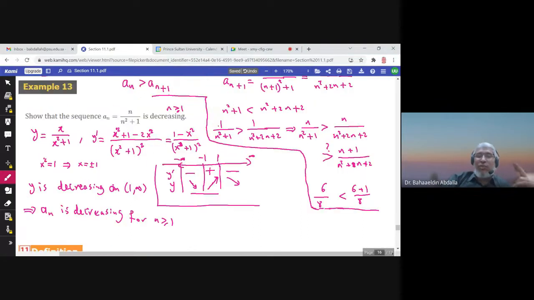So if you have n in the numerator and n in the denominator, and you want to show that the sequence is decreasing, write the function that corresponds to the sequence, find y prime, and prove that y prime is negative in the interval 1 to infinity. Then y would be decreasing, and then the sequence would be decreasing for n greater than or equal to 1.